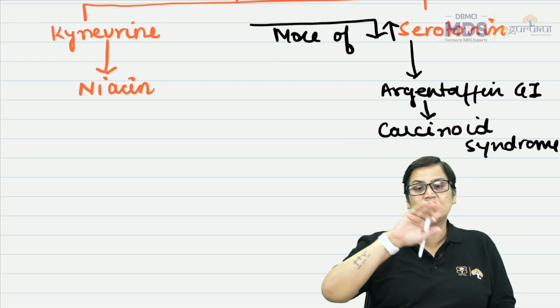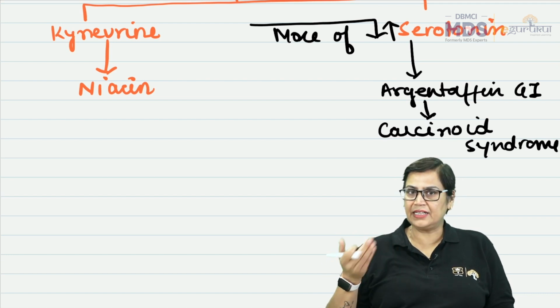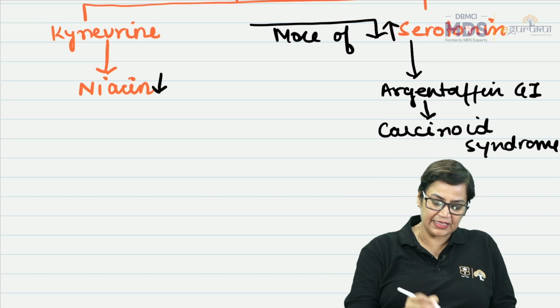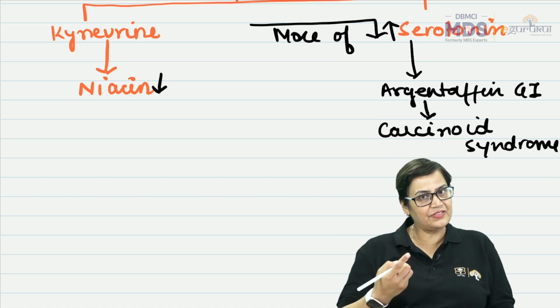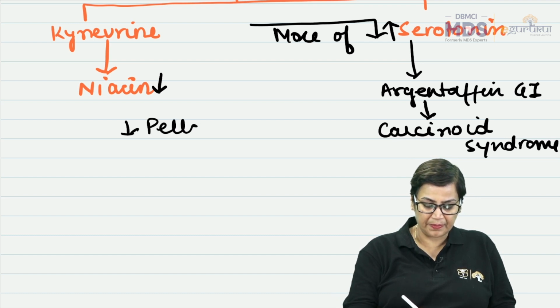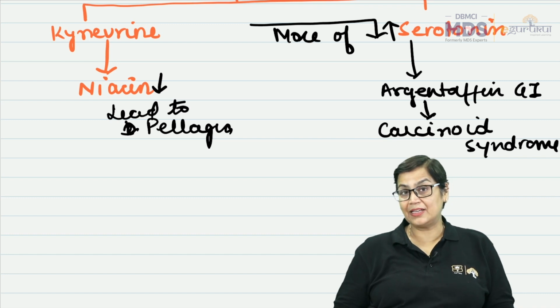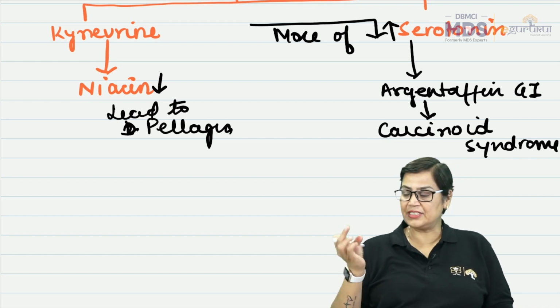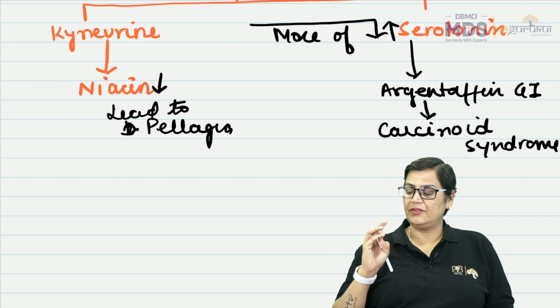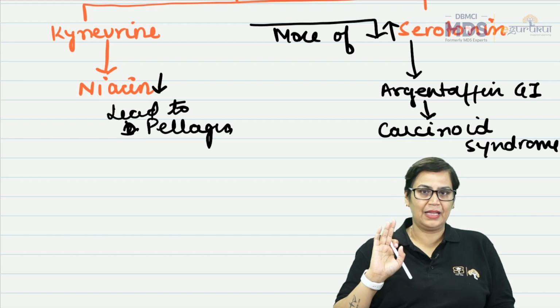Now, if excess tryptophan is diverted to form serotonin, niacin synthesis will decrease, and if synthesis of niacin decreases, it will lead to pellagra. So pellagra can be due to many reasons: defective tubular reabsorption, defective synthesis of niacin, people whose staple diet is maize, and carcinoid syndrome.